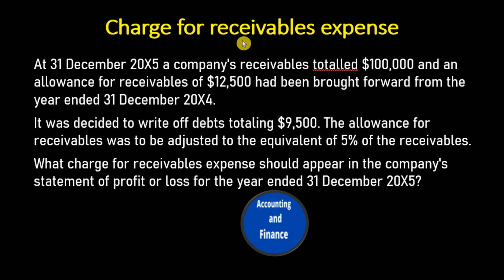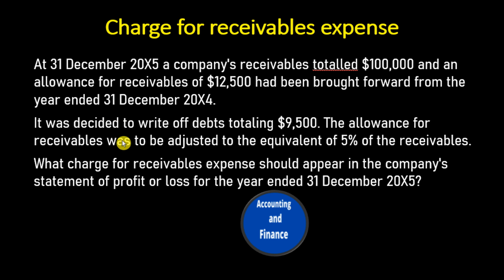Charge for receivables expense. At 31 December 20X5, a company's receivables totaled $100,000 and an allowance for receivables of $12,500 had been brought forward from the year ended 31 December 20X4.